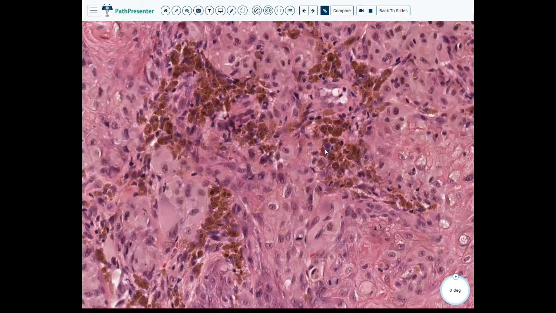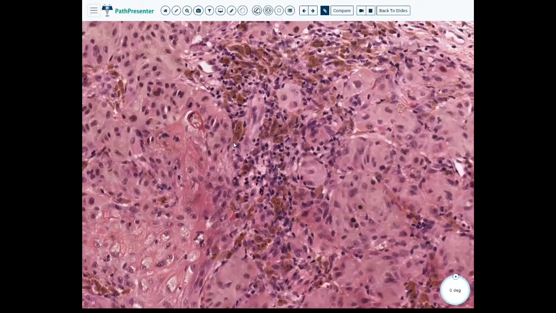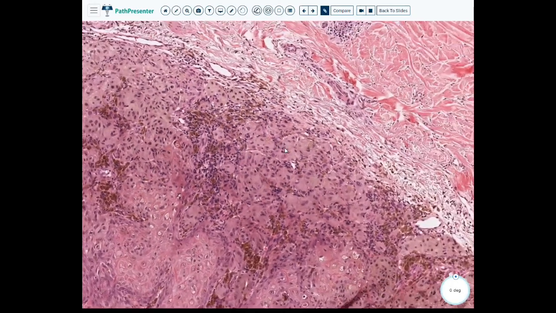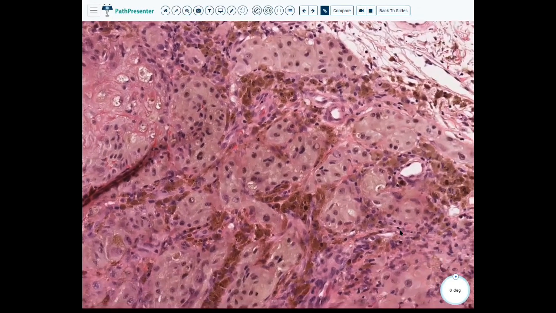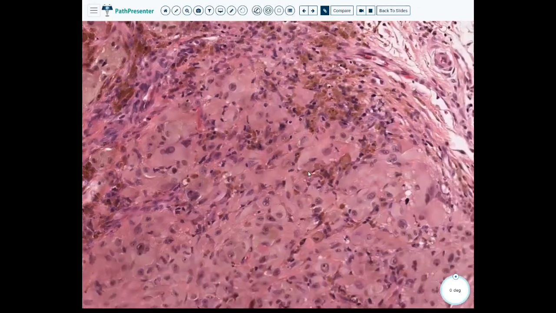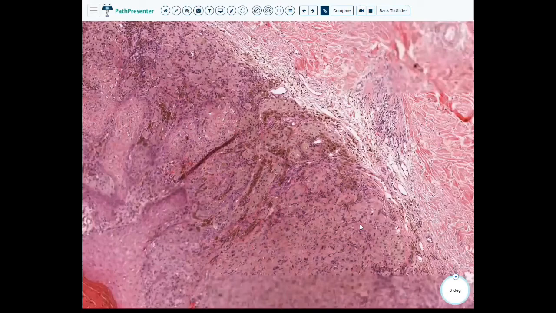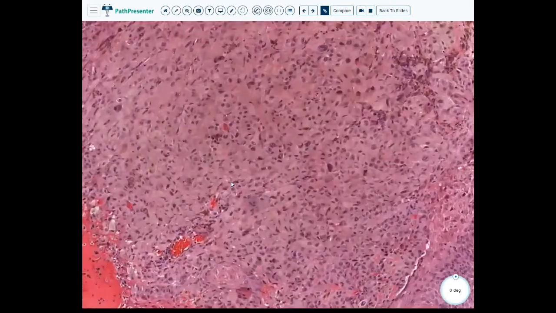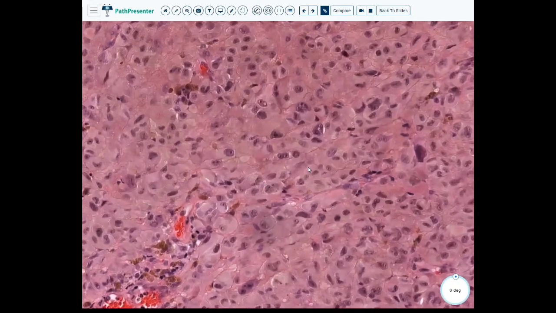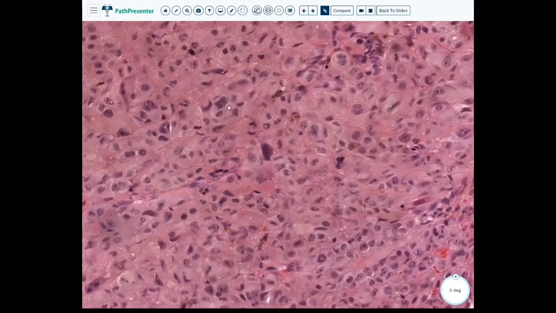Some of these actually might be pigmented melanocytes, but these big plump ones, those are melanophages. I think the other pieces were maybe a little better for the other features. But okay, so we have squamous cell carcinoma, invasive squamous cell carcinoma.